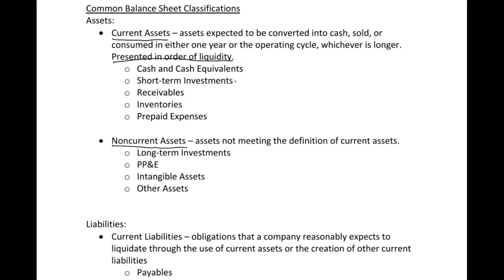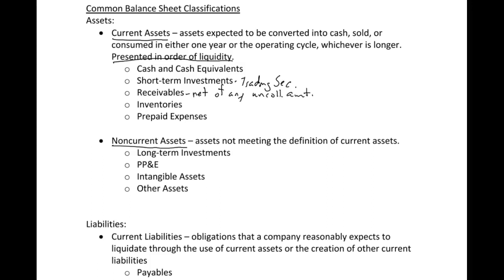Short-term investments, these will be like our trading securities. We'll get into these later when we get into investments, but trading securities and maybe some others based on the situations that surround them. Receivables, so think of accounts receivable, and we show these net of any uncollectible amount.